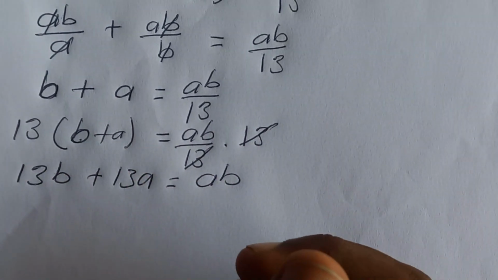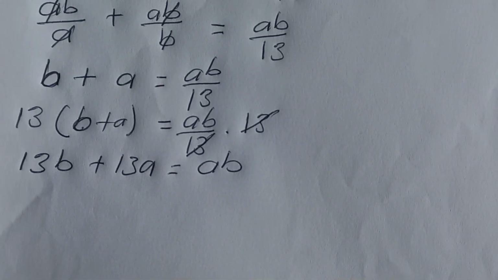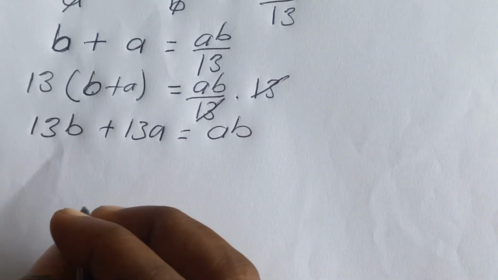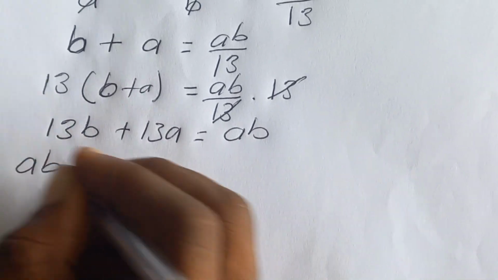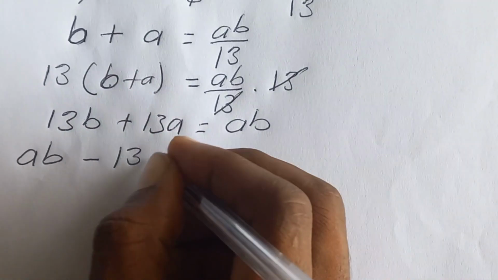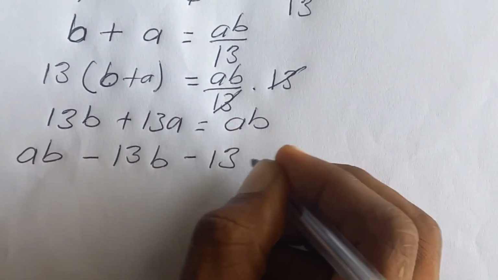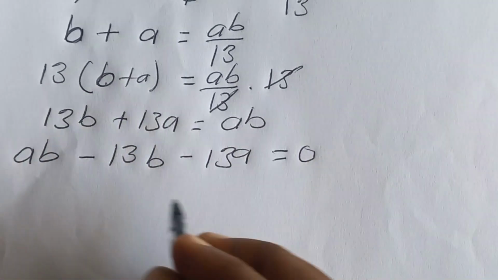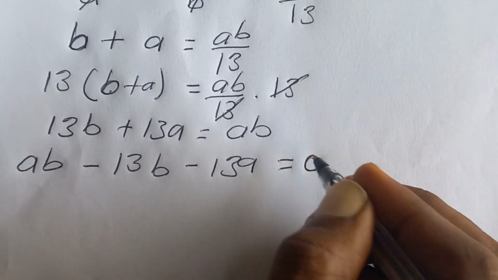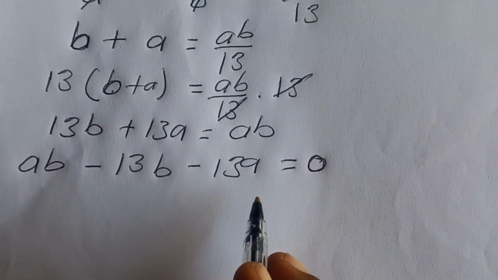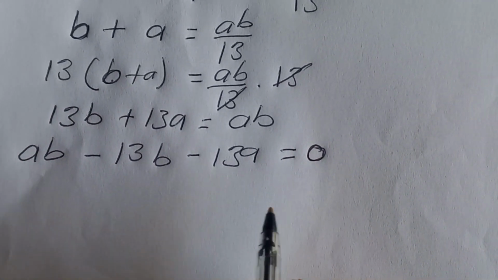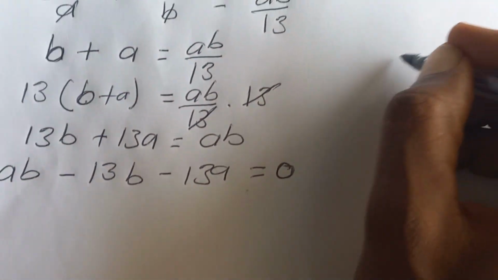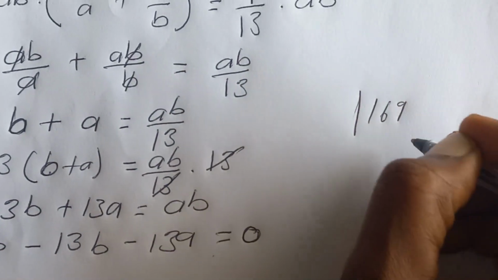In this case, we can group all the terms at one side. So we will get AB minus 13B minus 13A is equal to 0. With this, we can form an equation here by creating and destroying 169.